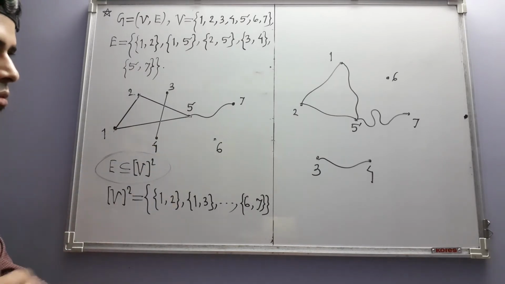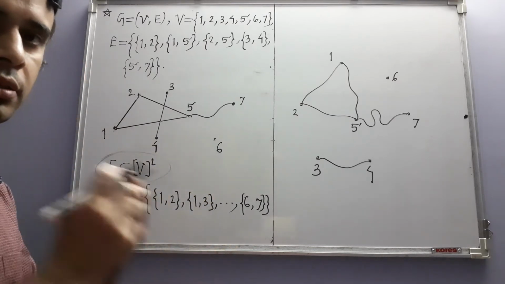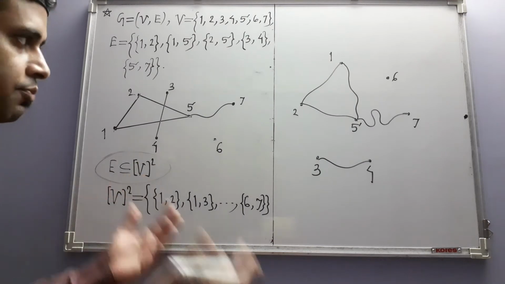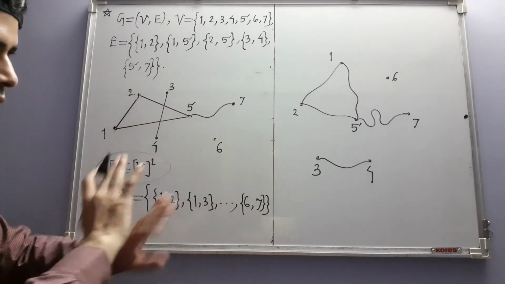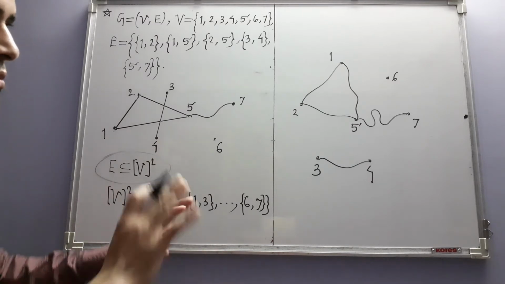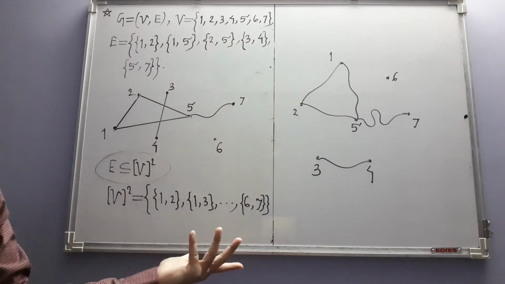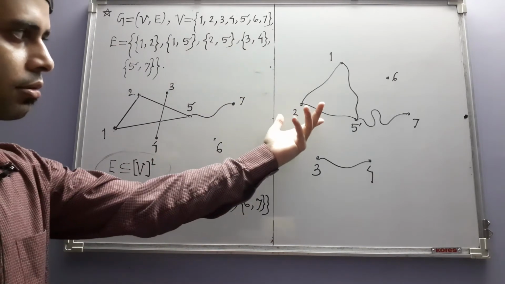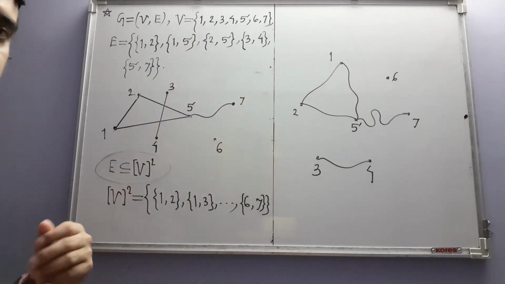So a single graph can have many different pictorial representations like this. But of course, if you have a picture, then looking at the picture, you will immediately see many things about the graph, which is not possible if you just look at sets like this. A picture conveys more information about the graph at once.